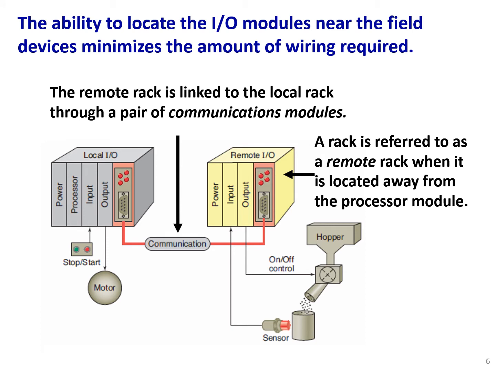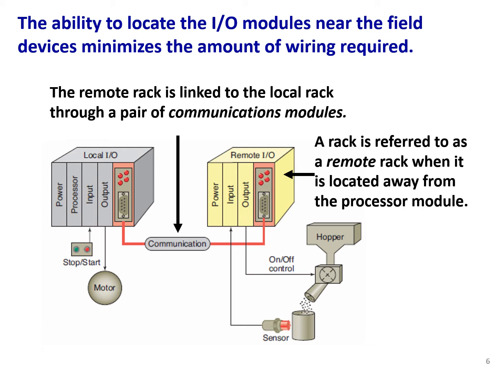The ability to locate the I/O modules near the field devices minimizes the amount of wiring required. The remote rack is linked to the local rack through a pair of communication modules. So here we have a local I/O, and here we have the remote I/O, and you could see the communication.